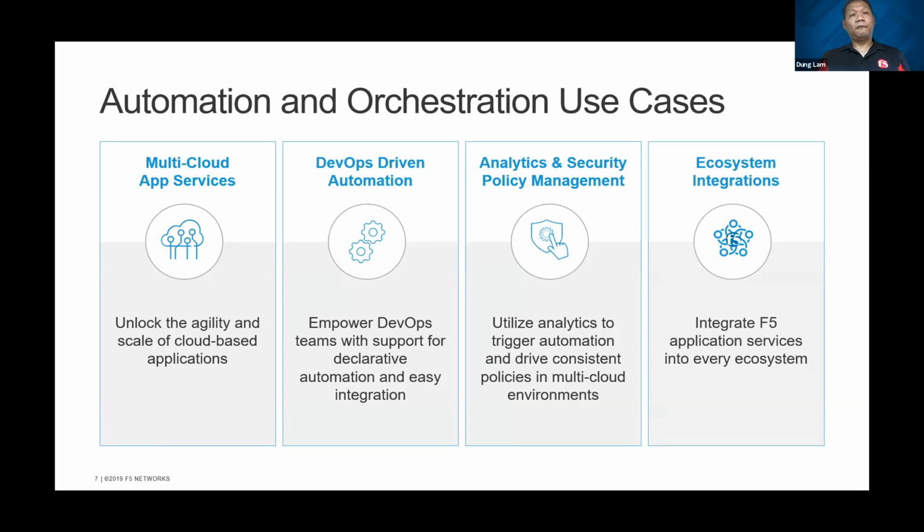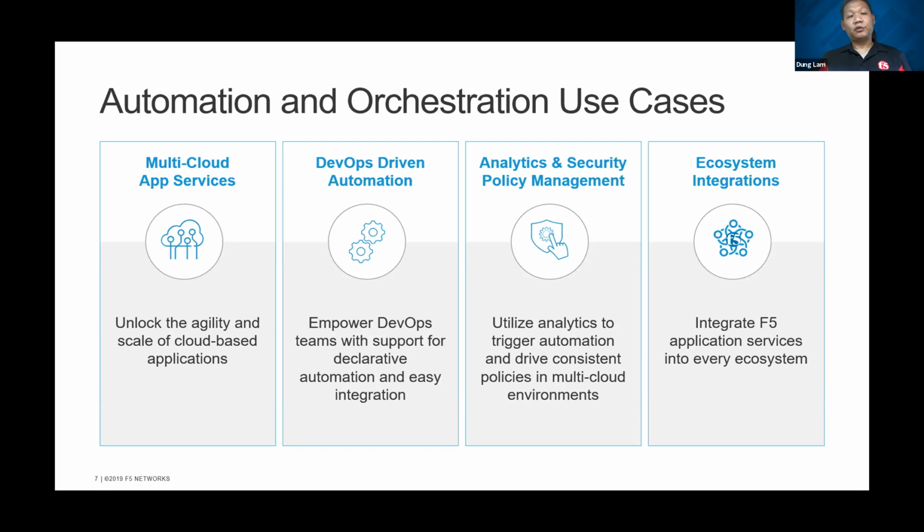For an agency that's looking to adopt multi-cloud, and I'd say the majority of them now are, how do you quickly deploy security policies, applications, and metrics consistently across the multi-cloud? And the only real way to do that is through automation and orchestration.